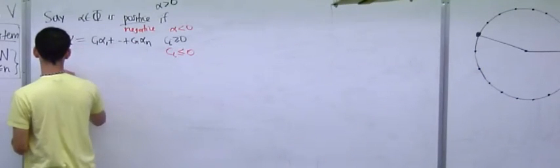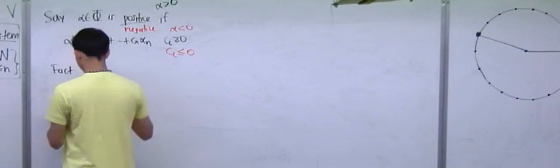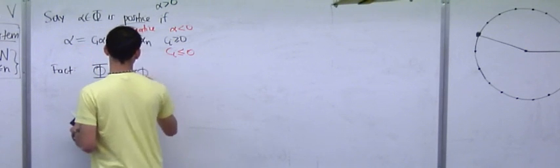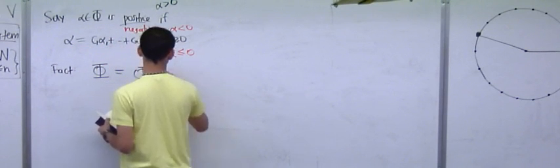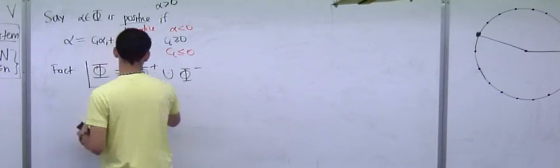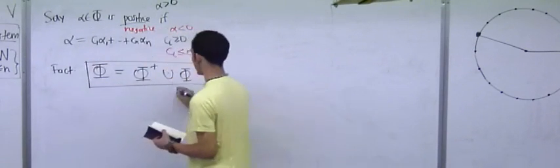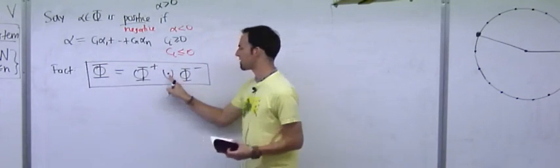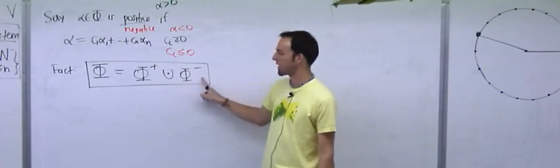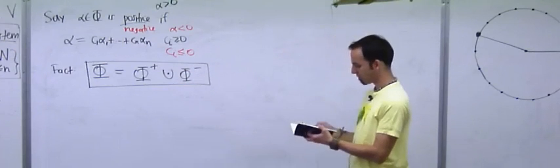So the fact is that the roots are either positive or negative, and there's no overlap between them. Okay? That's what this little dot signifies. It signifies that this is a disjoint union. Every root is positive or negative, but not both. Okay?